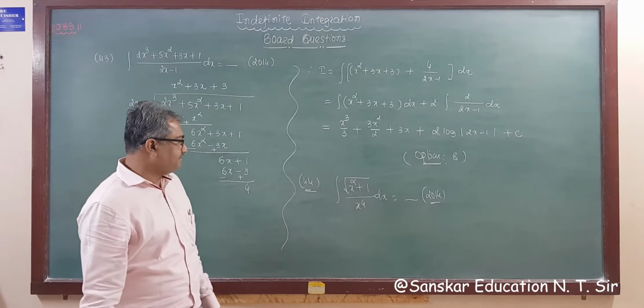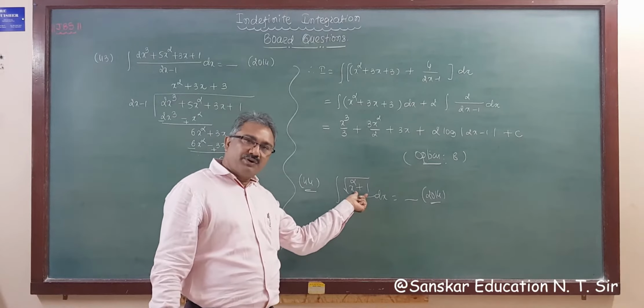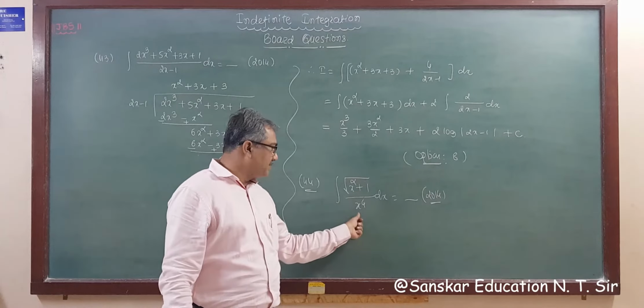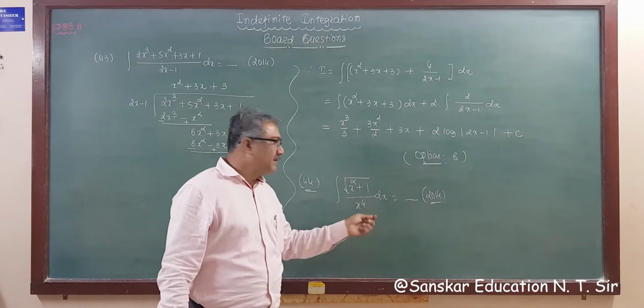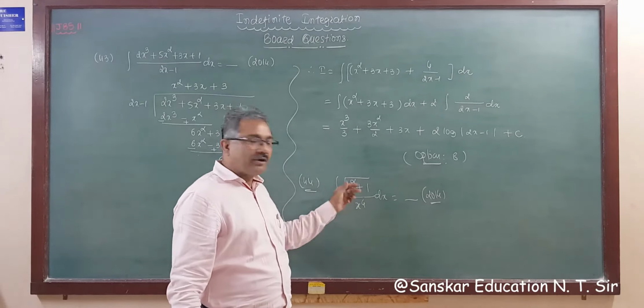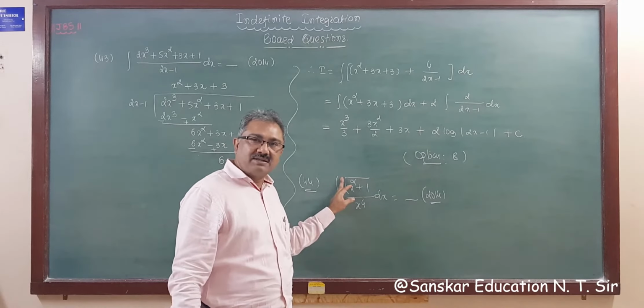Now see here, this is x square plus 1. If we assume x square plus 1 is equal to t square, this makes a problem for you. Instead, see that the power in the numerator is a fraction.